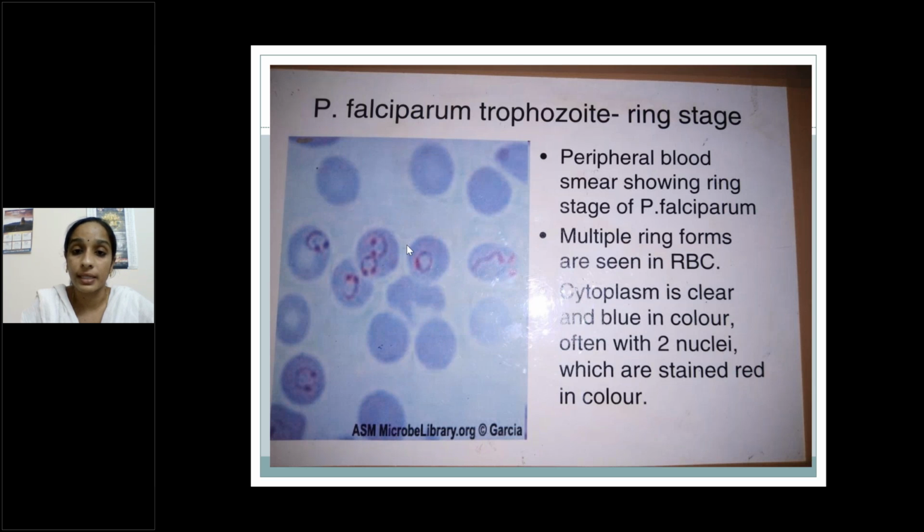Inside one RBC, we can see multiple rings. This is possible only in Plasmodium falciparum species. This is a picture of Giemsa stain. Here the specimen is peripheral blood.